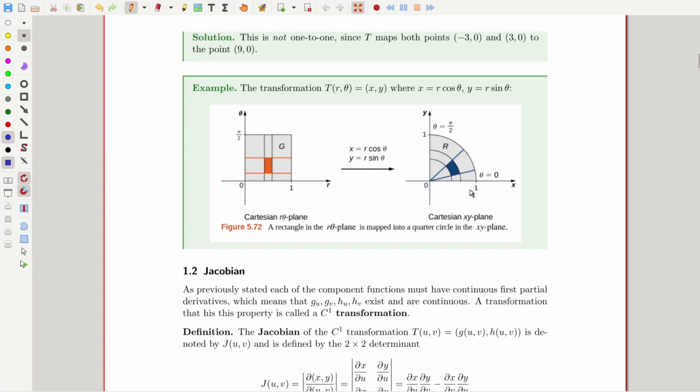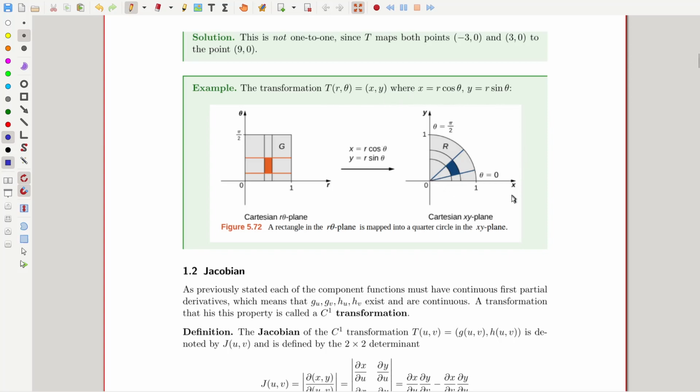That will wrap around the origin an entire revolution, but any more than that will make the domain violate being one-to-one. As long as the height of this rectangle is less than 2 pi, the mapping is one-to-one.